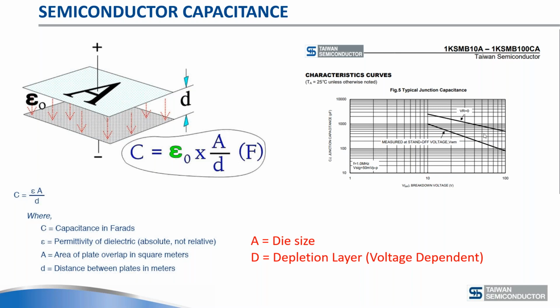Let's go to this graph and take the 100 volt TVS. If you have no voltage, the depletion layer is smaller. As you start to apply voltage on that 100 volt TVS diode, the depletion layer increases, and the capacitance goes down. Then, if you go from a breakdown voltage of 10 to 100 volts, you have a different material resistivity and a different dielectric value.